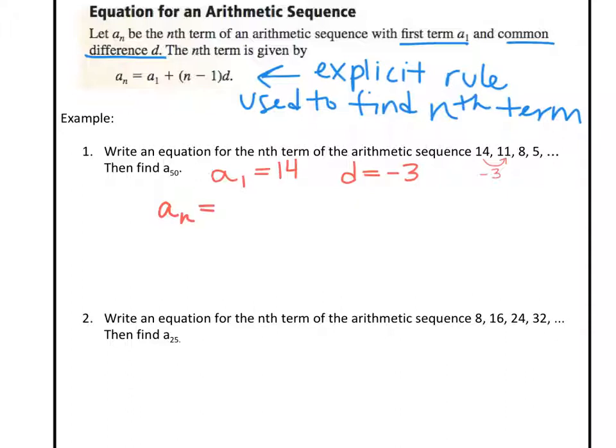So to find some number in the sequence, we do the first term, A1, which is 14, plus n minus 1, and then put the multiplication sign just so you understand. Then you're multiplying by -3.